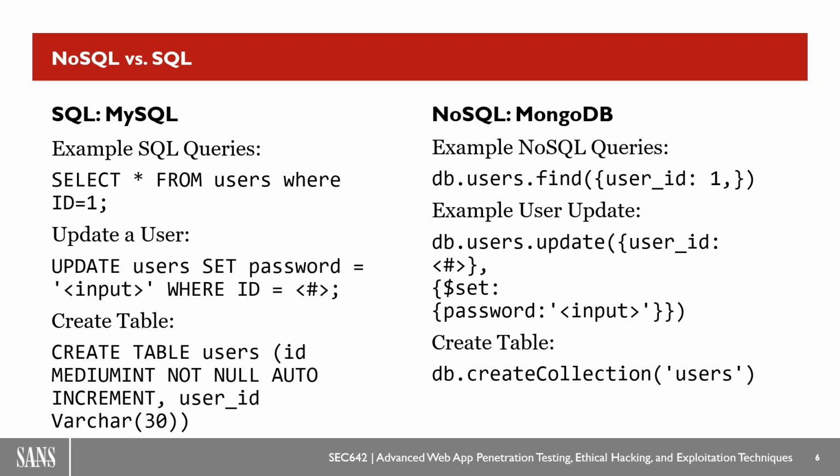On the right-hand side, we have the NoSQL equivalent with MongoDB, where they use db dot. Now, traditionally, meaning some time ago, the db dot commands were accessible through many of the frameworks that had access to Mongo.